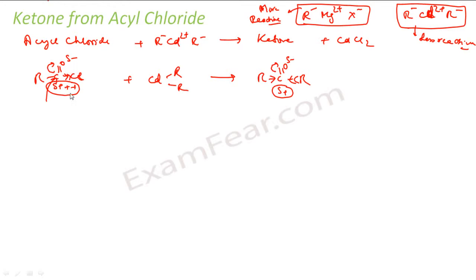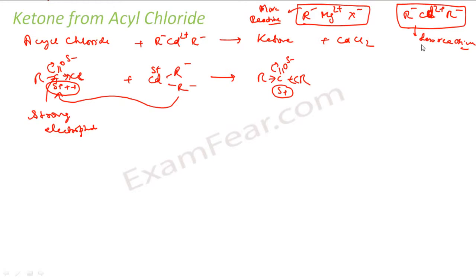So if you see, it is a very strong electrophile. And if you see, this is R minus and Cd 2 plus, this R minus can easily attack this. But this R minus is not that strong to attack the ketone carbon. Right? That's why we are using the mild agent.